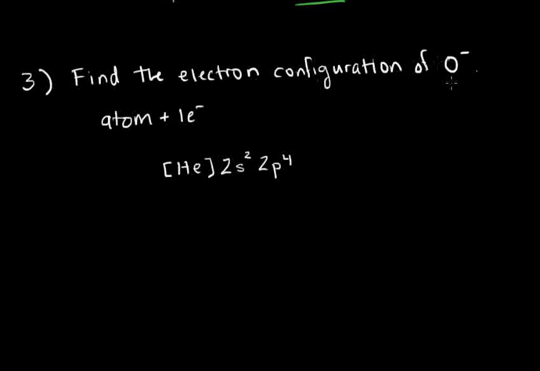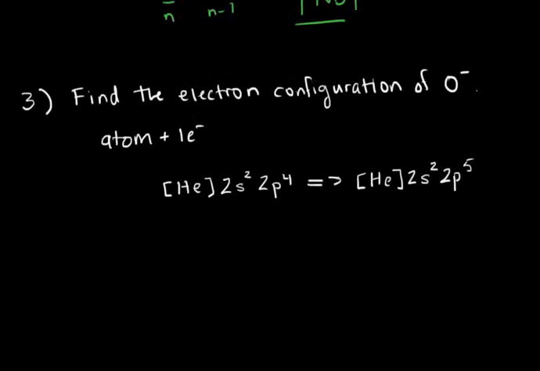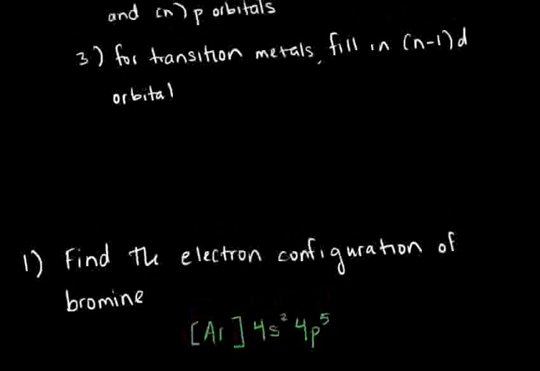And then because this is an anion with 1 extra electron, we're just going to add 1 electron, and we have no choice but to add that to the 2p orbital because our 2s orbital is filled. So the answer to this question is helium, 2s2, 2p5.